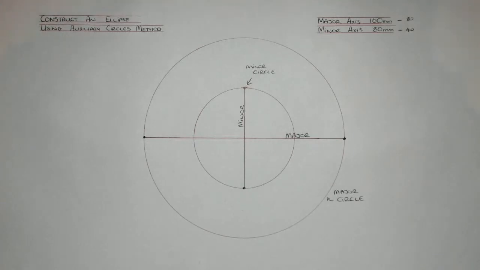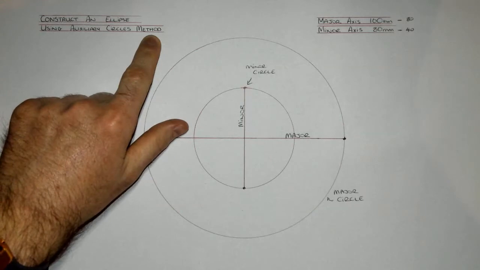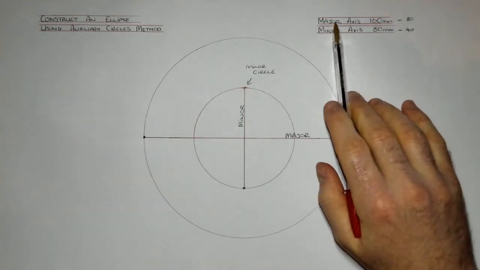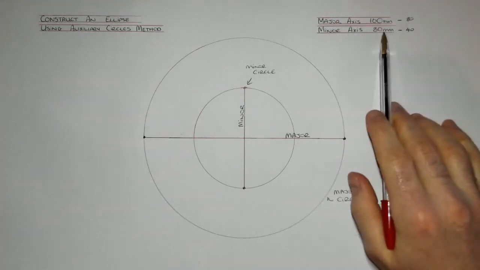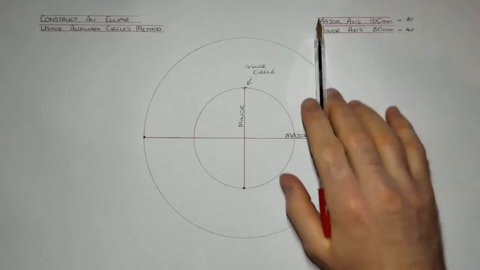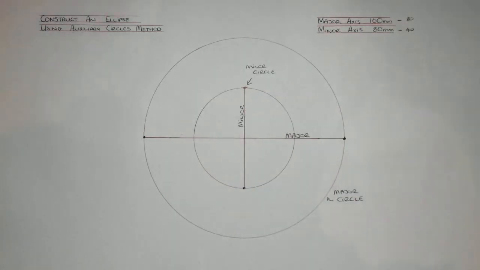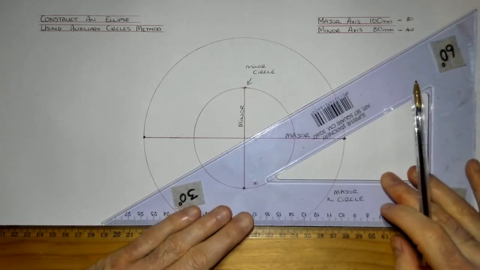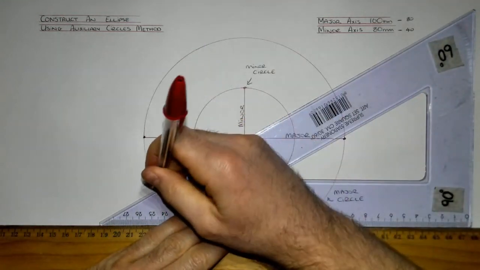Now, the method for constructing an ellipse using the auxiliary circles method is, first of all, you always have to be given the major axis and the minor axis. Then you construct your major and minor auxiliary circles, and after that you divide up the circles into 30 and 60 degrees.